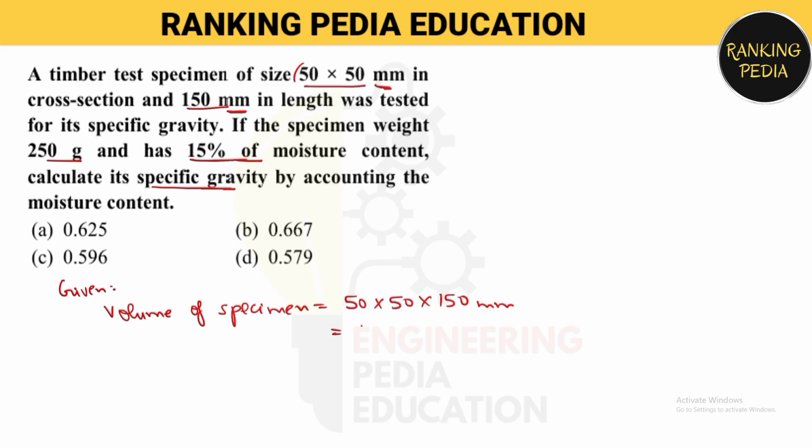When we multiply this, it will be around 375,000 millimeter cube. Volume is always in millimeter cube, or here it is in cube; you have to remember this. When we convert this into centimeter cube, that will be 375 centimeter cube. Next, the percentage of moisture content is given.